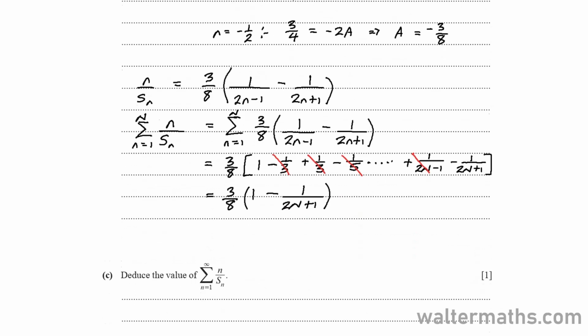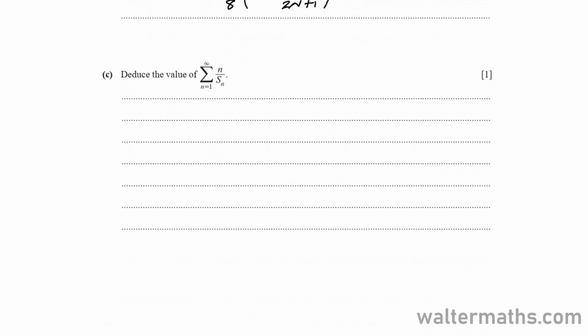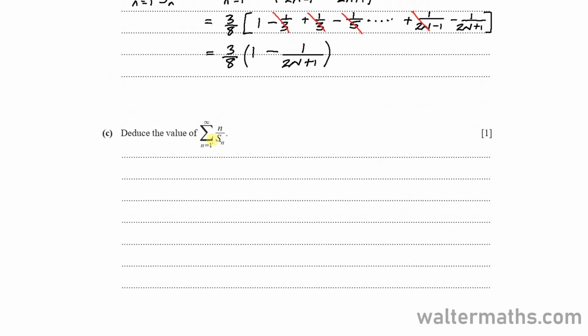Let's go on to the last part, that's part C. Deduce the value of the summation from n is equal to 1 to infinity of n over s sub n. So I can say this is equal to the limit as n approaches infinity of 3/8 of 1 minus 1 over 2n plus 1, like we got right above.